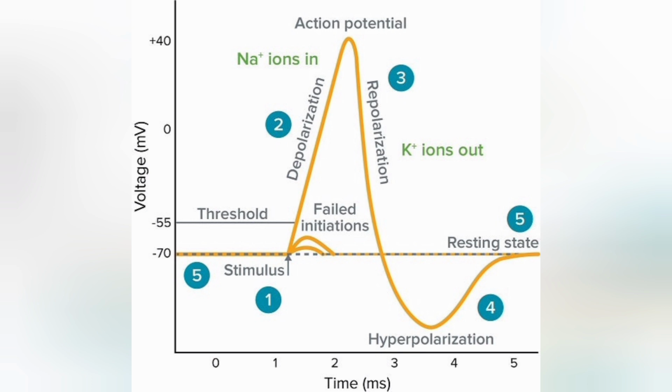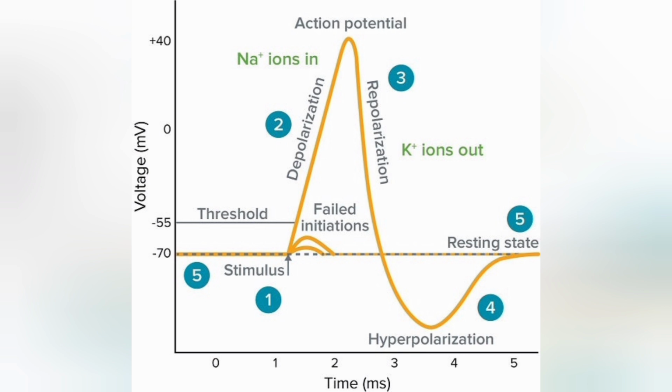The absolute refractory period is the time when the potential is going on, and the relative is the time when a stronger stimulus may be required. The absolute refractory period is a time in which another stimulus, if it comes in, will not lead to an action potential.